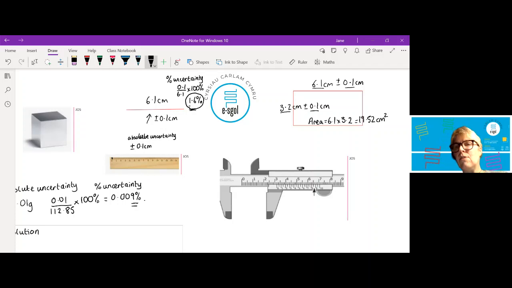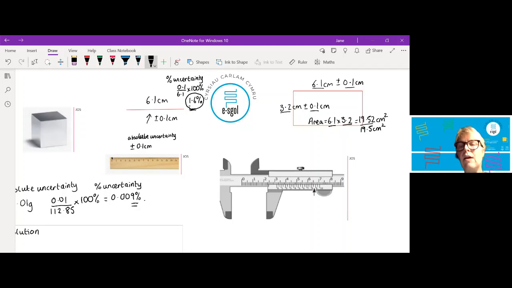So the general rule is 2 or 3 significant figures. My raw data is 2, so actually I should quote my final to 2 significant figures, but you are allowed one more, so 3 significant figures is perfectly acceptable. So I'll put that there, and I'll just park it.